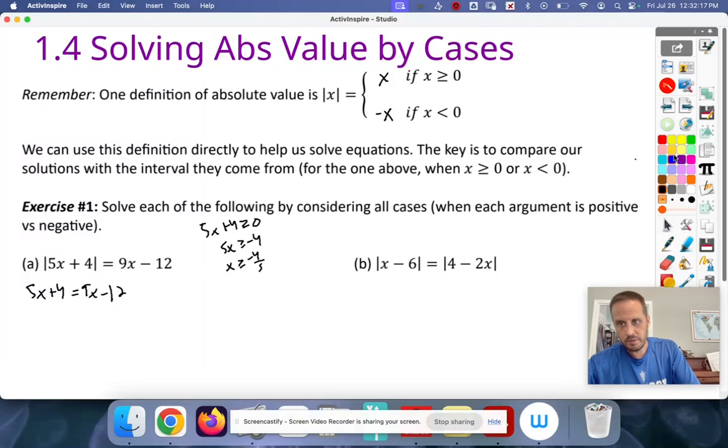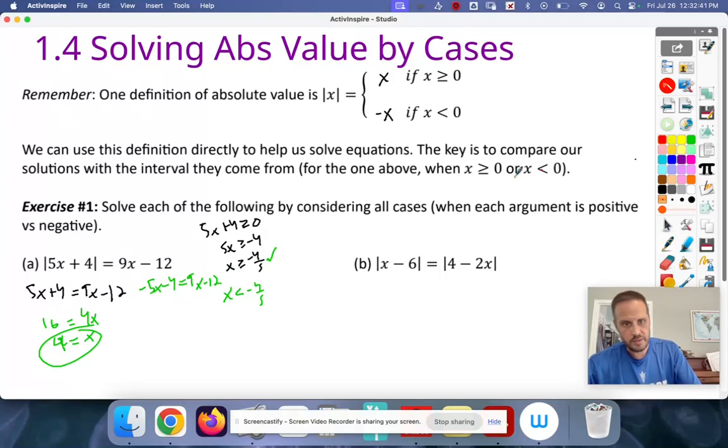When you're less than negative 4/5, we're solving the opposite of the stuff inside. Okay, and so here you end up with 4x equals 16, and you get x equals 4, which is greater than or equal to negative 4/5, and so that will be a solution.